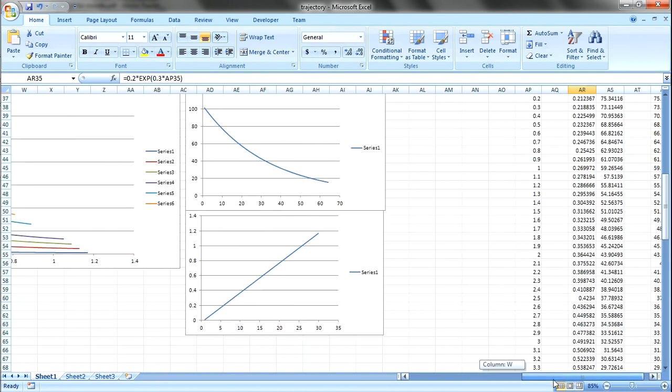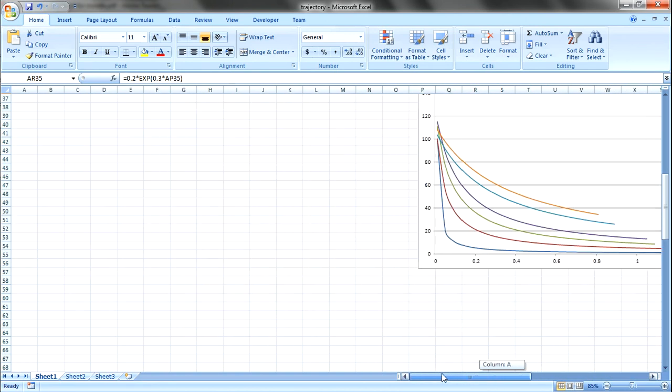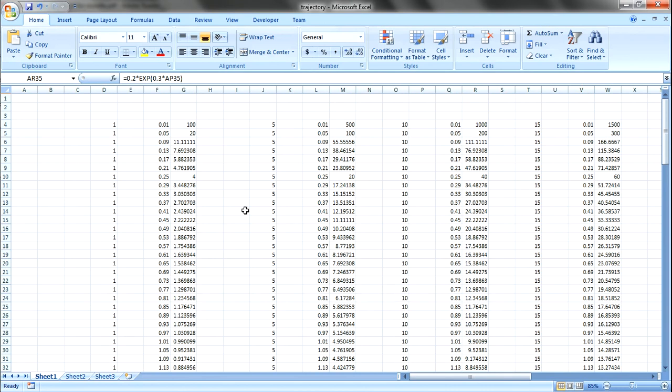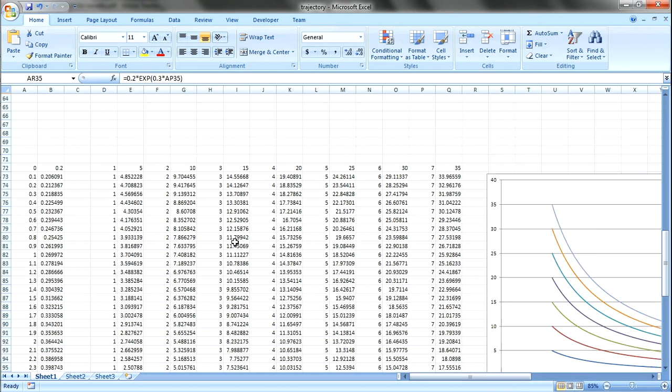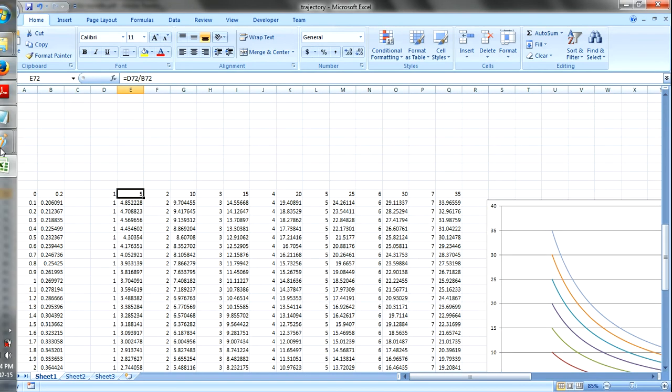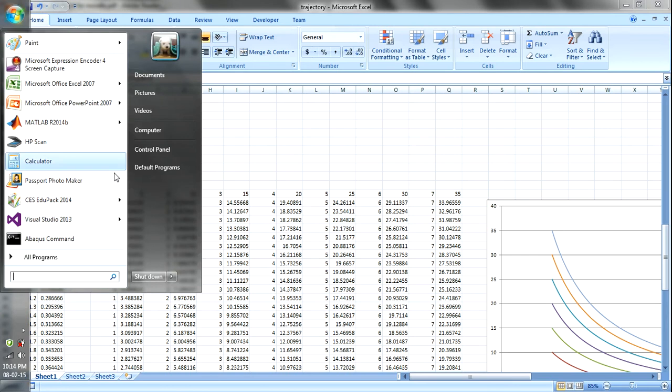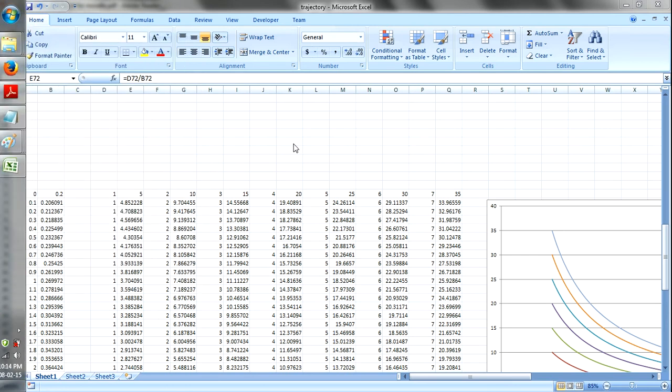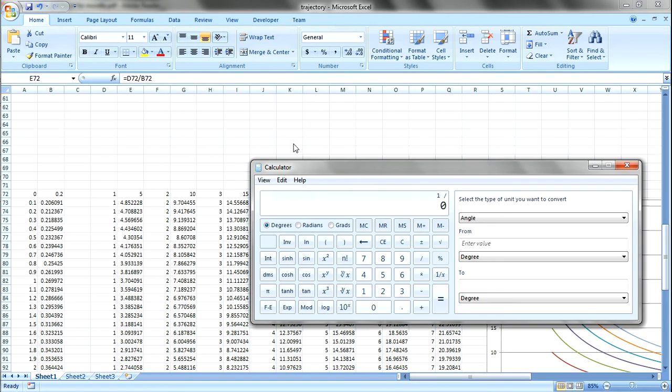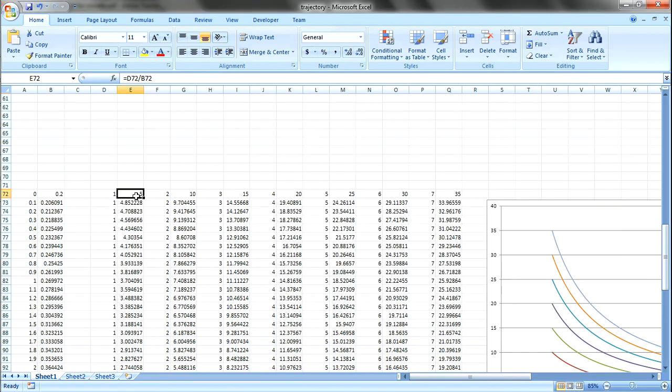It's a little embedded type of thing. So anyway, if it's 1 divided by 0.2, you have 5, right? So if x is 0.2, then y is 5.